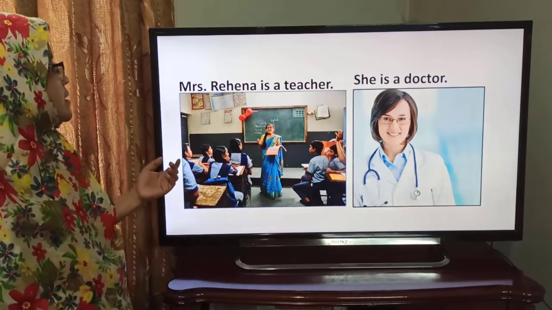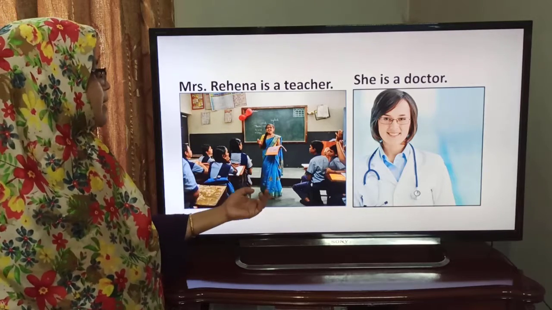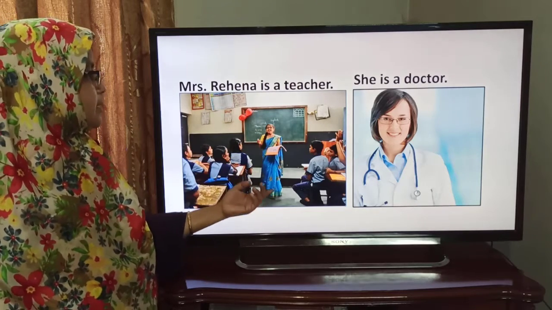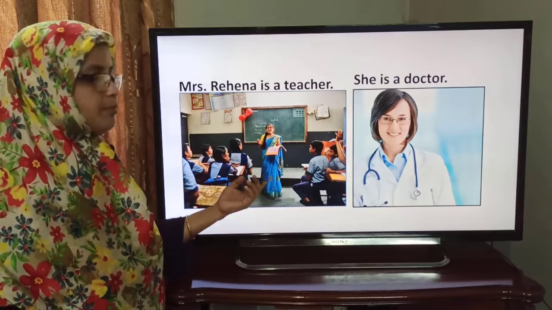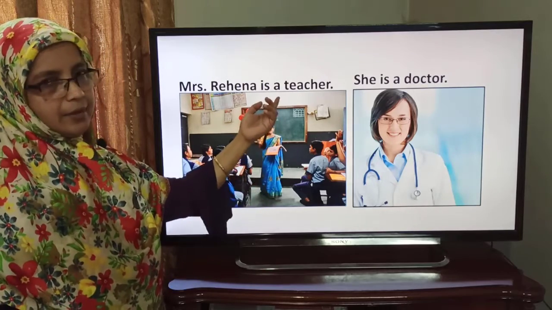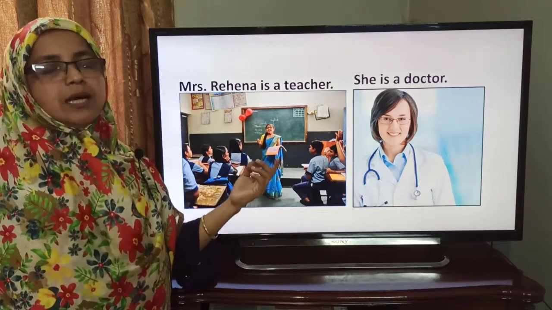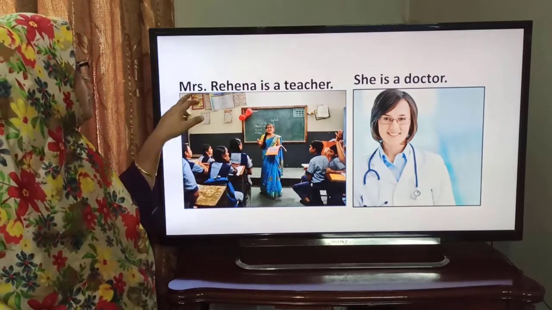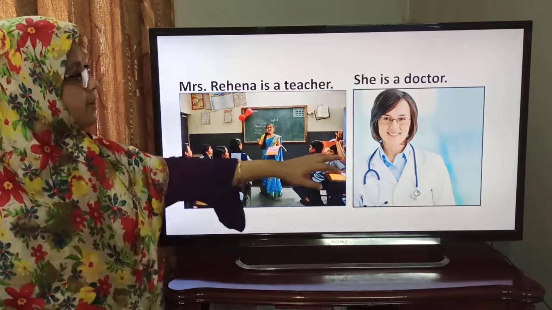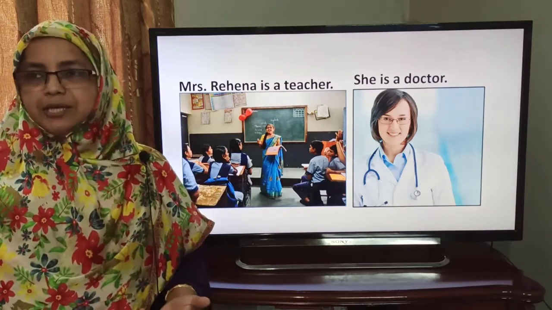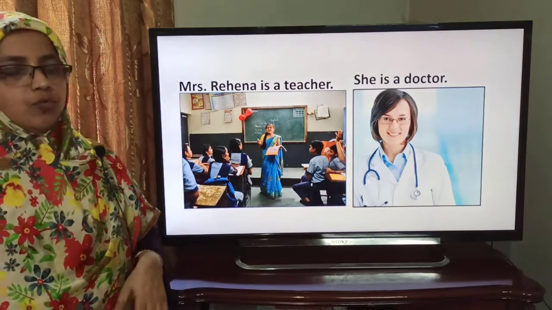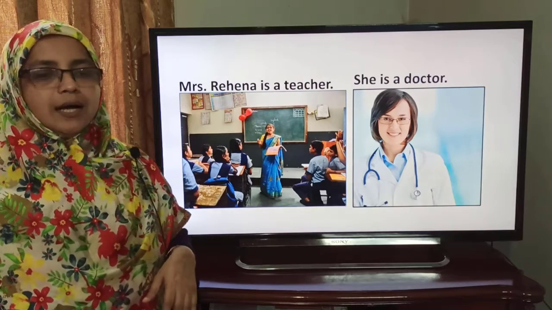Let's see: Mrs. Rehana is a teacher. For indicating her profession, we use a. So this is the noun complement for her. Then another example: she is a doctor, she is an engineer. We use a or an.